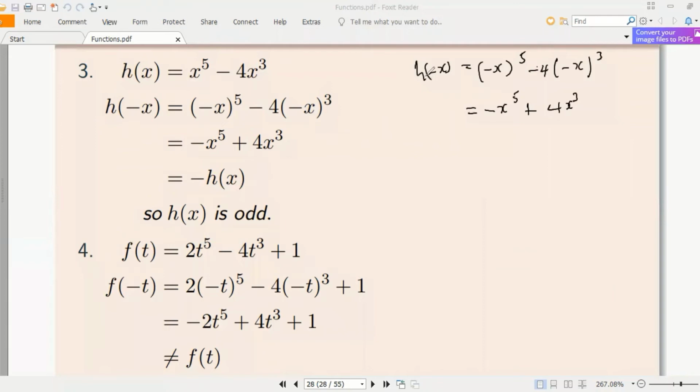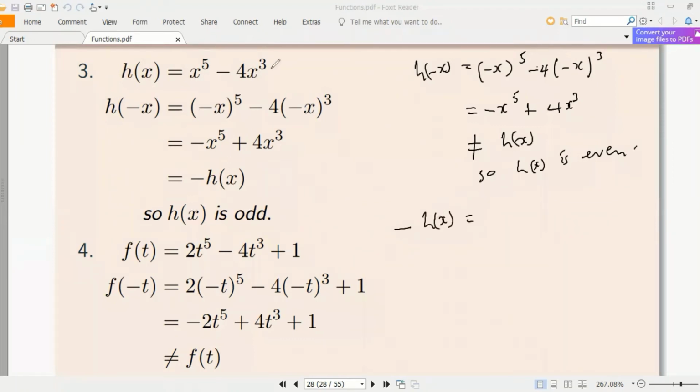So this is h of negative x, and I can see that it is not equal to h of x. So h of x is not even. Let me check whether it's odd. I get negative multiplied by h of x.